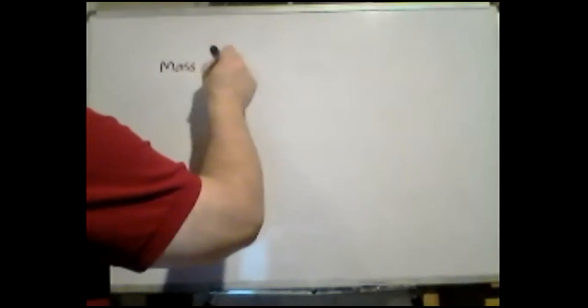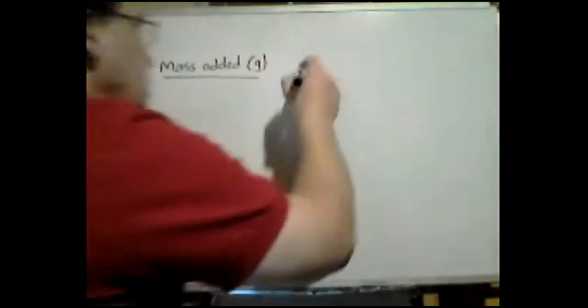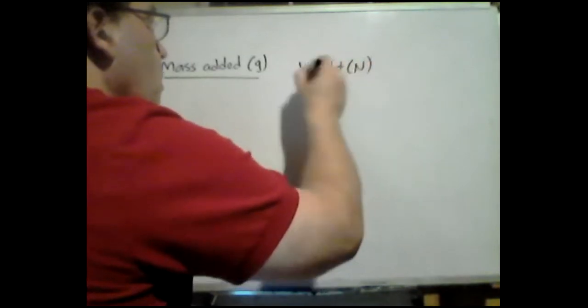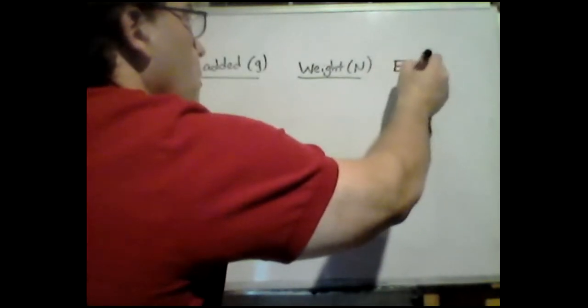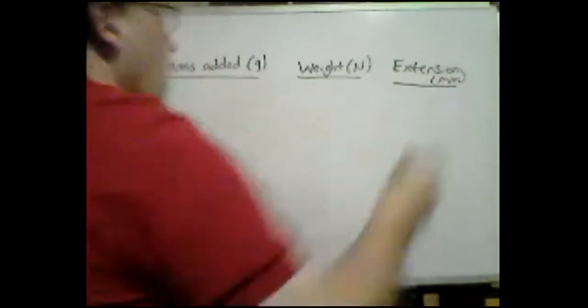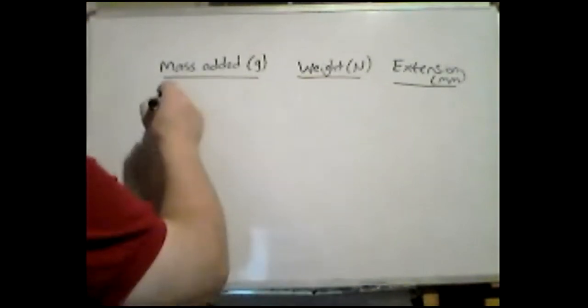It says mass added in grams, weight in newtons, and extension in millimeters. All right. Well, what we really want is everything in SI. So if you remember, I hung a 100 gram mass.